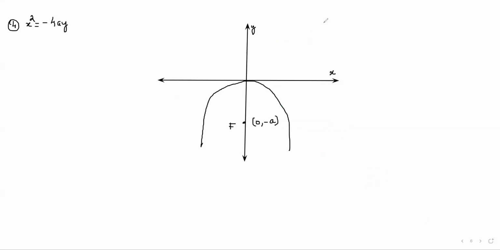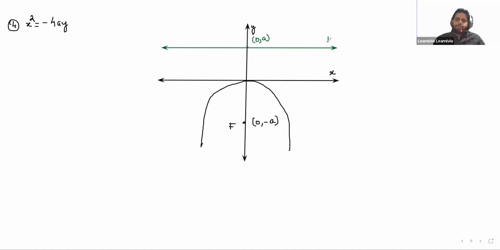Next one. For this one, this would be the directrix. So this point is 0, minus a. That's why this point will be 0, a. This is directrix. Now, Krishna, what is the equation of this directrix?